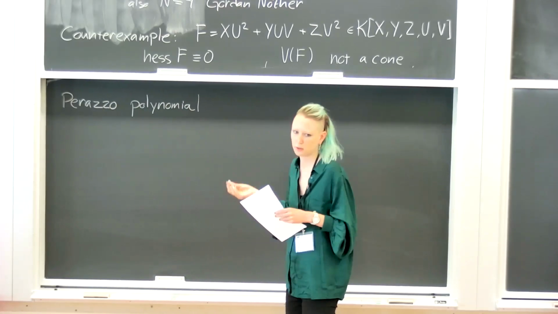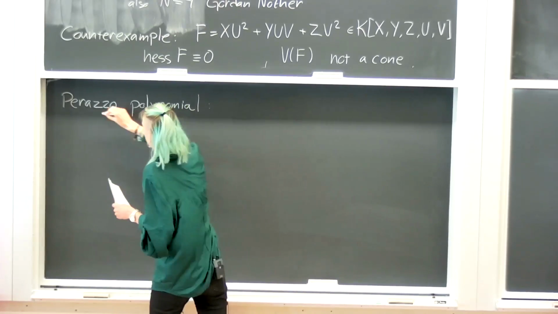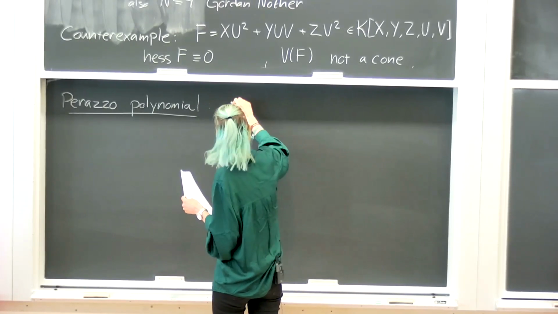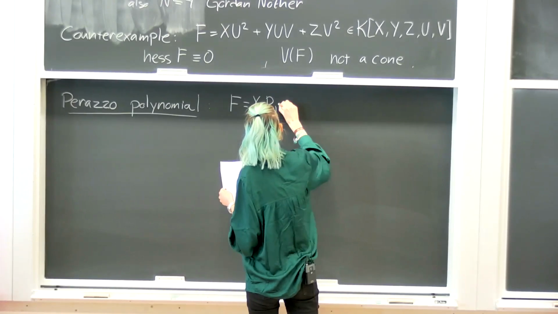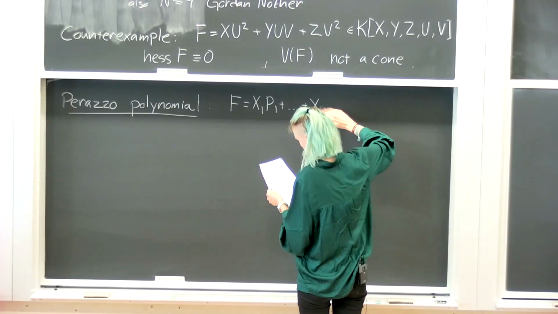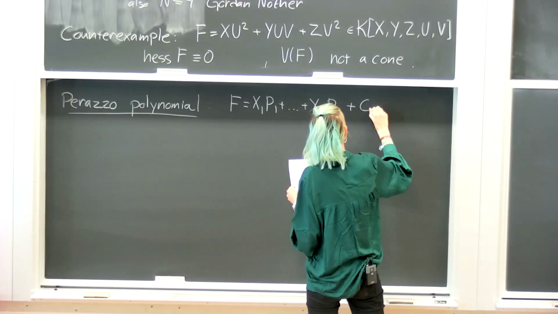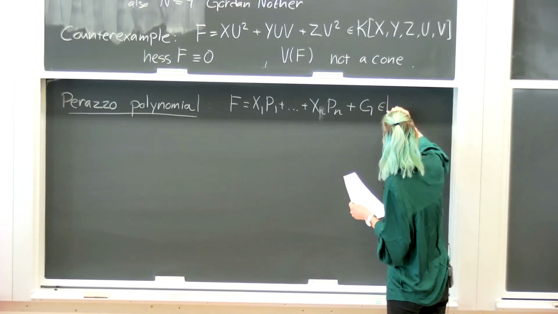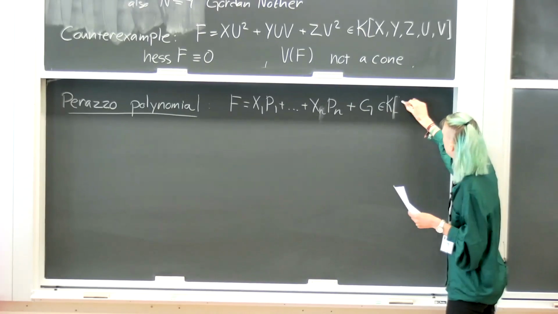Or a Perazzo form, they're always homogeneous. So a Perazzo polynomial is a polynomial of this form in a polynomial ring on 2 sets of variables.